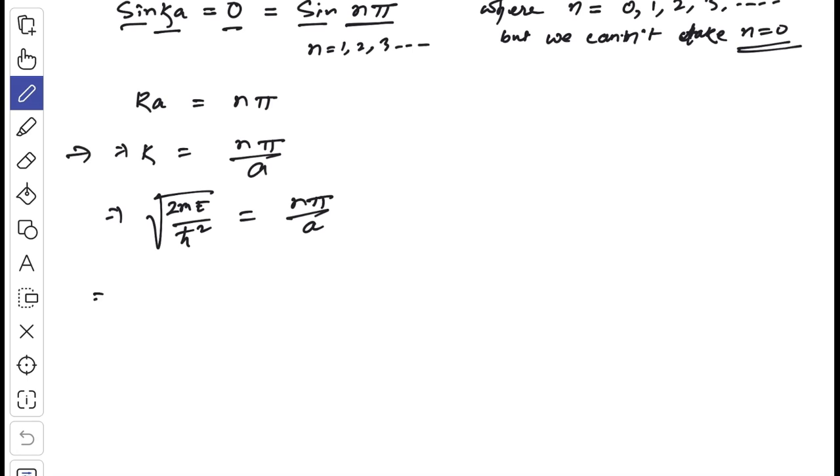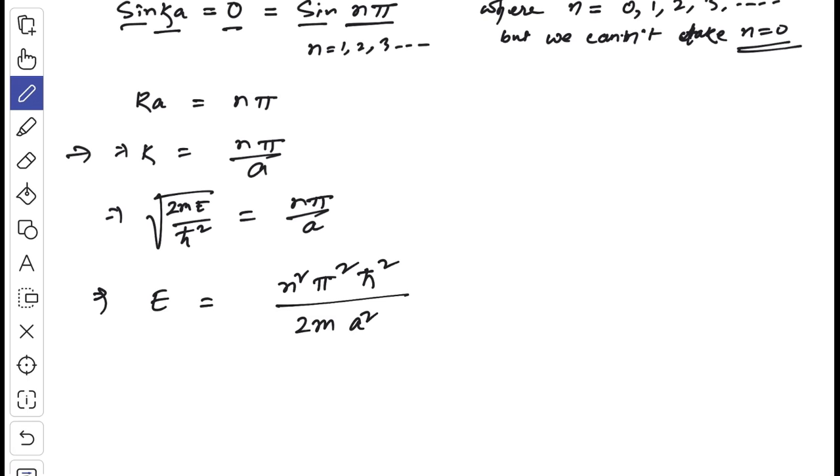If you simplify this equation for energy, squaring both sides, after simplification you will get n square pi square h cut square by 2 m a square.